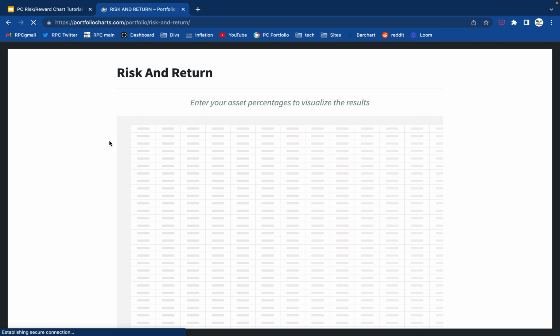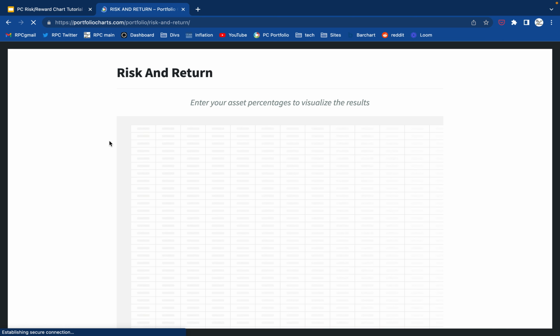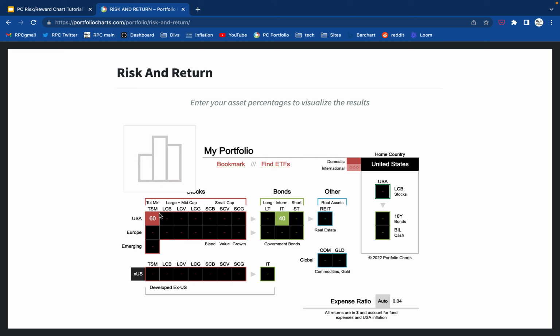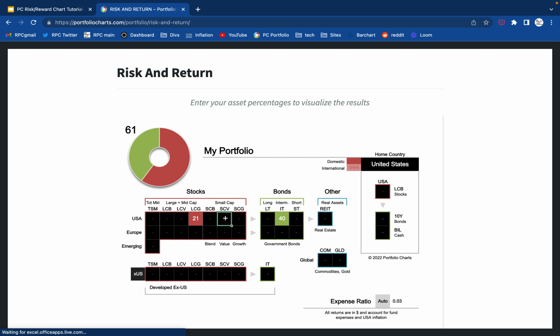All right, so it's going to set up with 60-40, and I am going to change that to, wait for it. All right, here we go. Large cap growth. Make sure you get rid of that original. Sometimes you leave that on and you get a wildly optimistic portfolio. 21% small cap value, 26% long-term treasuries.